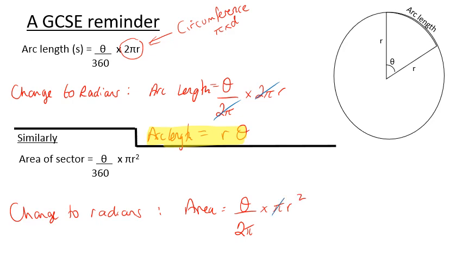Now this time the pi on the top and the bottom will cancel. Nothing else will cancel. So on the top we've got an r squared and a theta. And on the bottom we've still got that 2. So here's our formula for the area of the sector. R squared theta over 2. So those formulas are much simpler when you're working in radians, but remember those ones that I've coloured in yellow, they only work if you're measuring in radians.